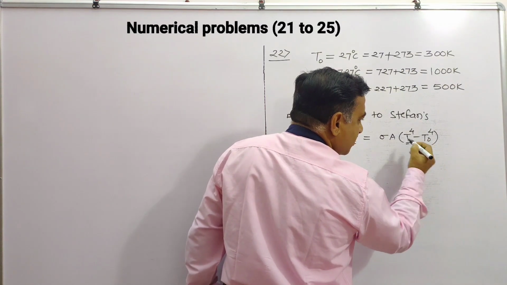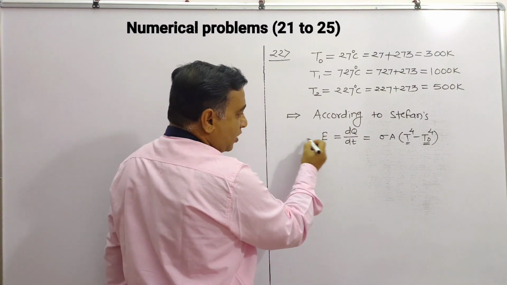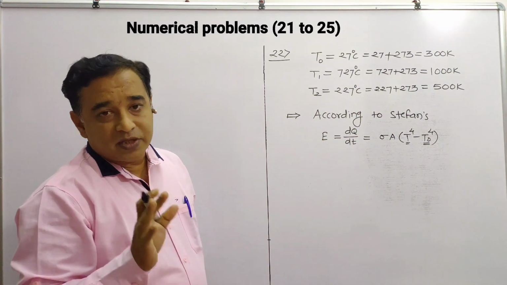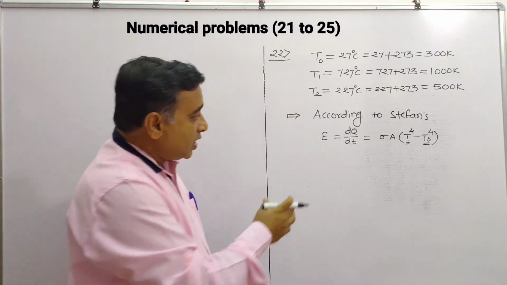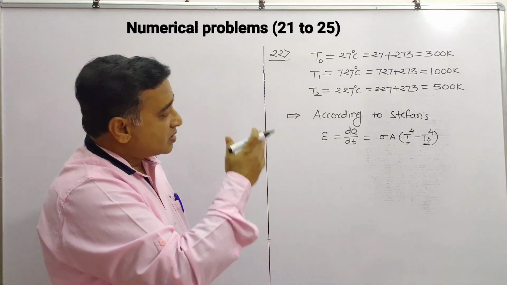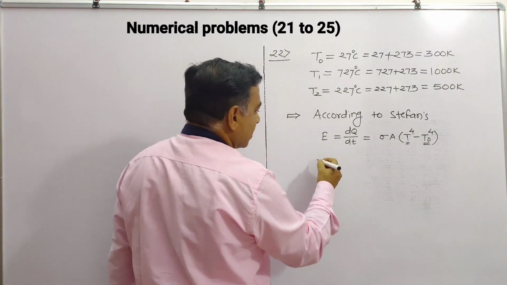This is the temperature of the body, and this is the temperature of the surrounding. We have already taken this in the previous video on Stefan's law. But before that, you will have to observe the relation given in that video and start solving this. So let us see how we need to solve that.